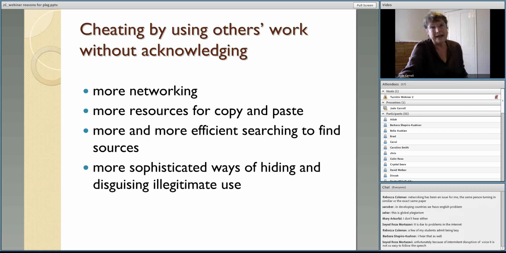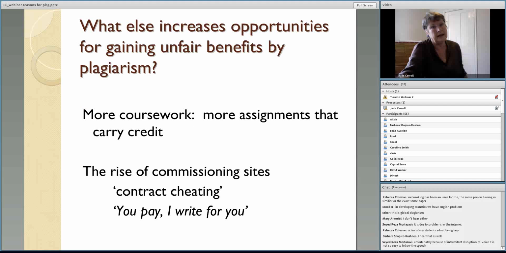So to go back to cheating, we cheat using other people's work without acknowledging that we've used their work. And we can do that much more than we ever have been able to because of networking, resources for copy paste, efficient searching, much more sophisticated ways of hiding and disguising illegitimate use. There's a lot of opportunities that are increased because we have more coursework, more assignments that carry credit, and certainly more commissioning sites.